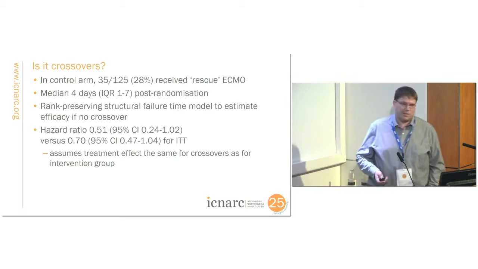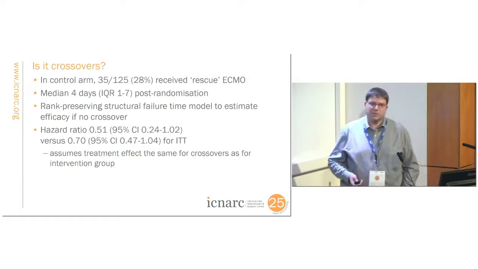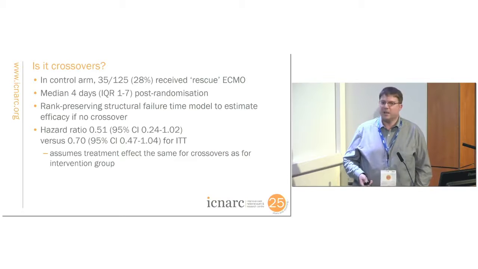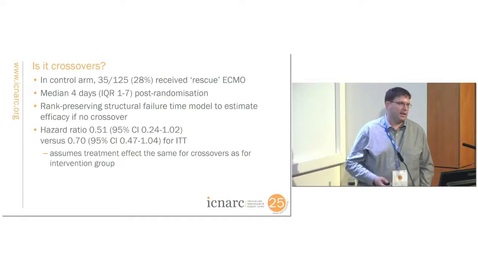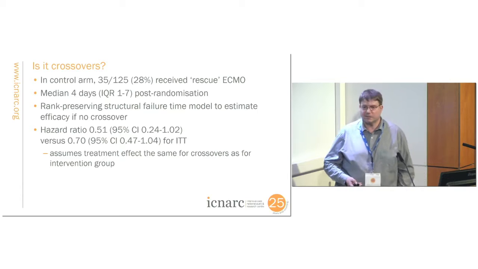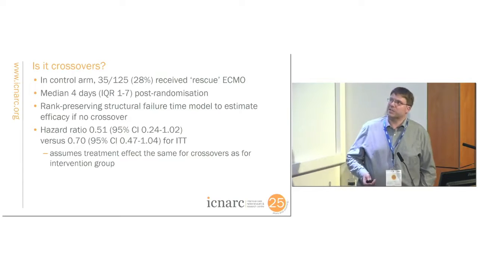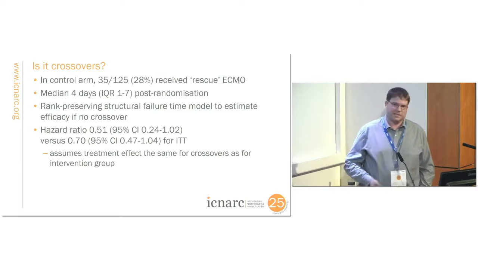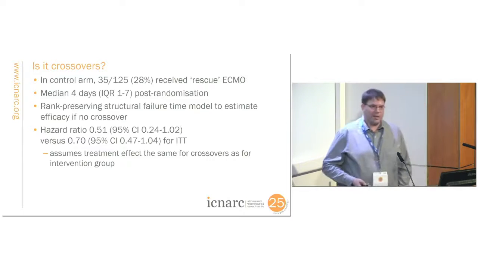But it's worth bearing in mind that this is quite a strong assumption of this model, that it assumes the treatment effect is the same for patients that cross over as if they'd been allocated to the intervention group. And that really is a very strong assumption, because these patients are crossing over after an average of 4 days, where presumably their treatment is not going well.